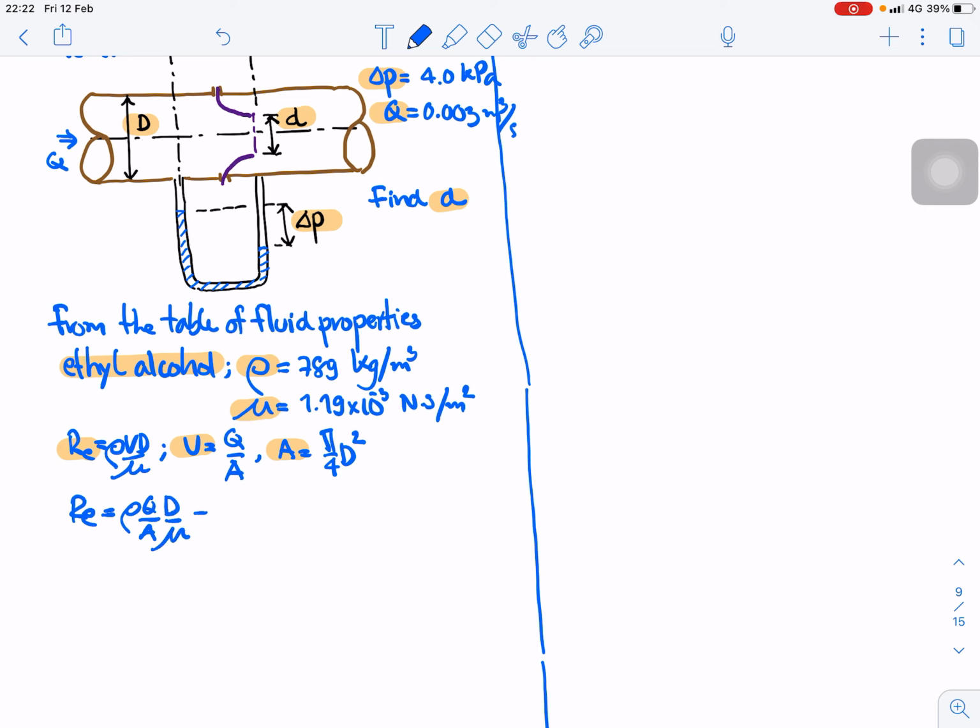Next we substitute area in this equation.